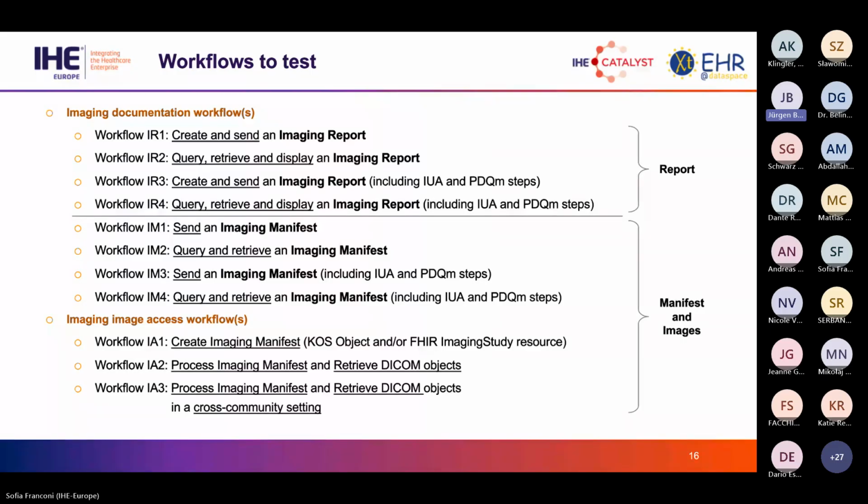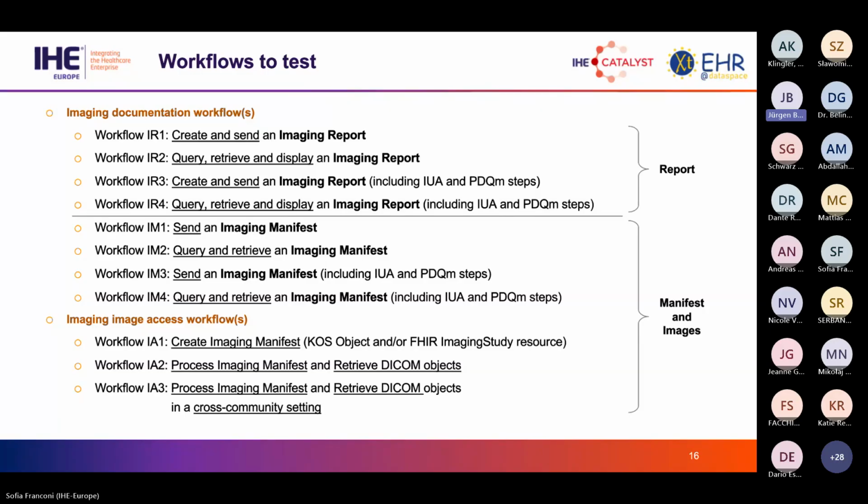And then IA1 to 3 are the ones that are really just dealing with the images. That's where the MADO profile comes in and the XC-VADO profile. So the first one is only on the creation of the imaging manifest. So that's its own workflow if you want to create the imaging manifest in the right way. And the other two, so the second one is to process that.